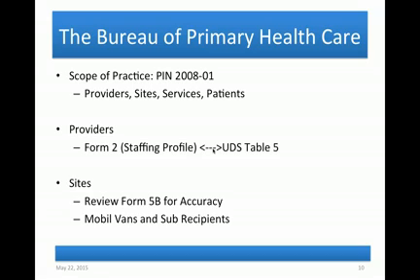The latest guidance that I have is that, yes, mobile vans are to be listed on Form 5B, but assuming that actual encounters provided by an LIP are performed on board that mobile van. If it's just a small trailer, let's say, that you may tow to a health fair that has a table that you can hand out stuff like that, no, that is not considered a mobile van. That is something else.